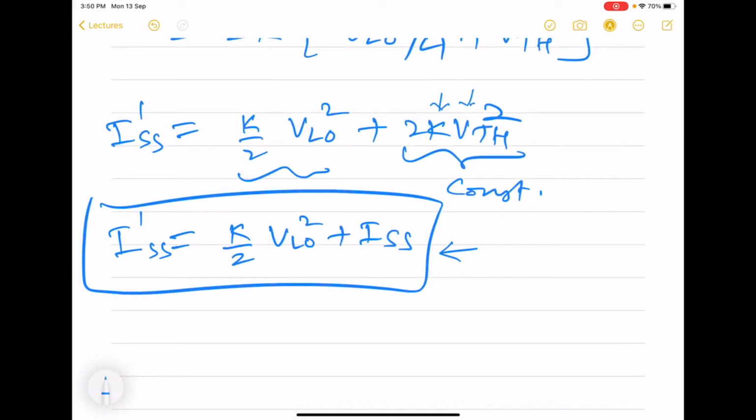So there is a simple modification that can be done to generate a different value of ISS.